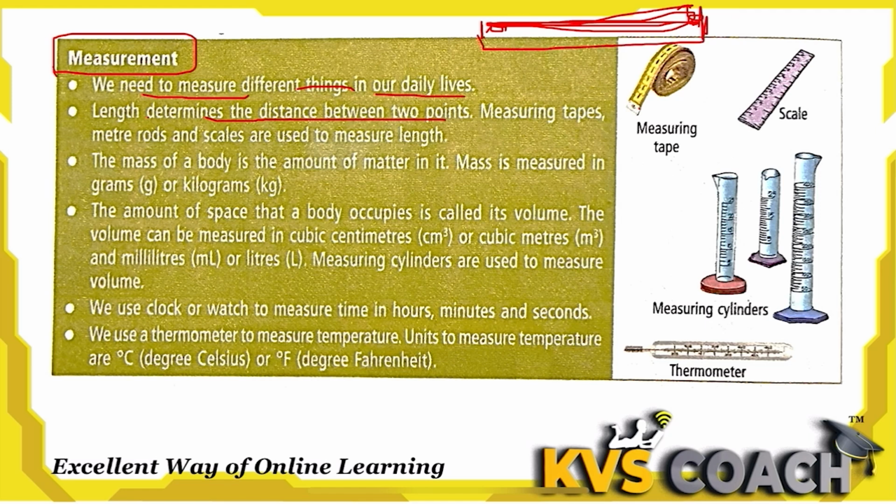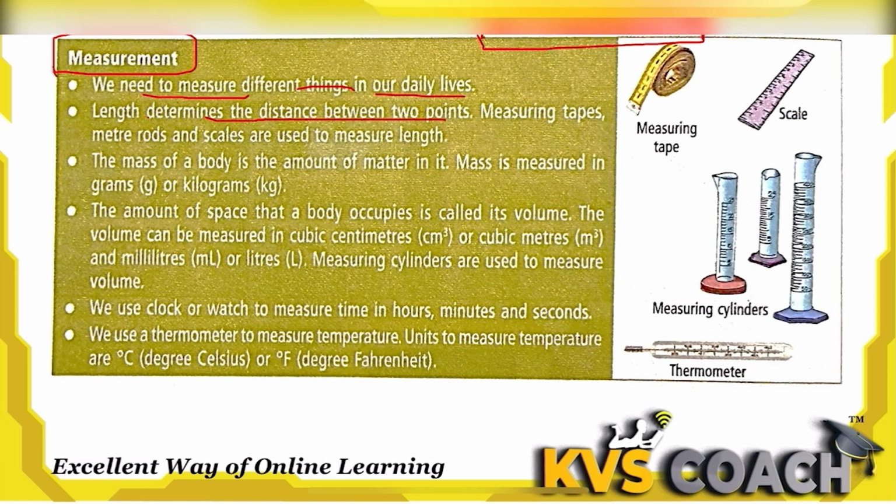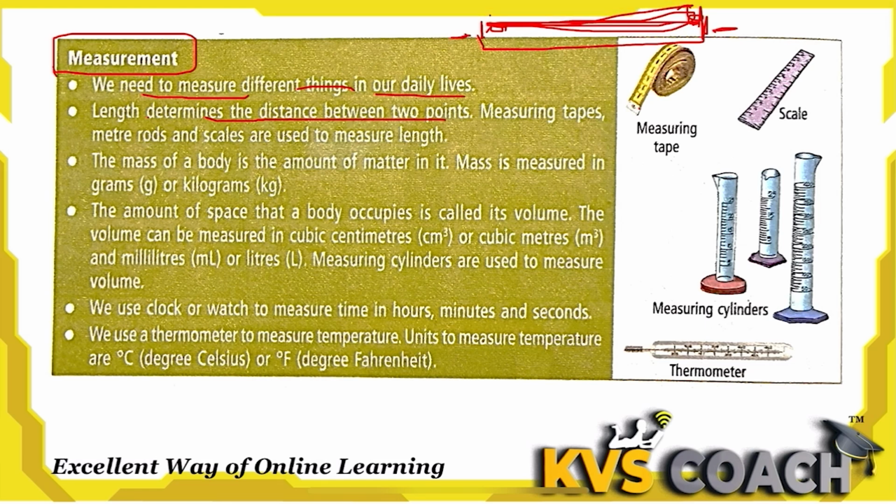So length is the distance between these two points. By measuring tape, or with the help of a ruler or scale, we can measure this length. The unit of length is meter, centimeter or kilometer.